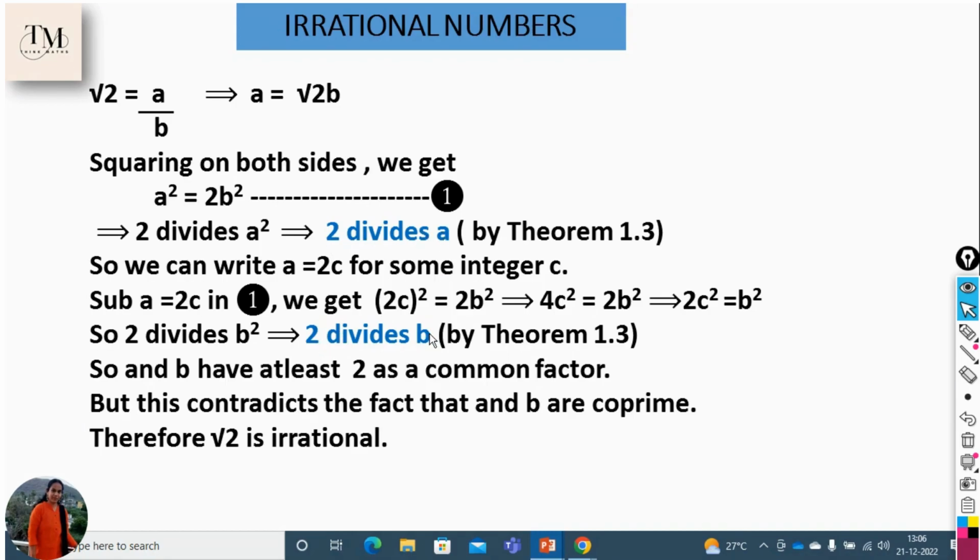But we got that a and b are co-prime, that is, their common factor is 1. So this contradiction came as we assumed that root 2 is rational. So our assumption is wrong. So we can say that root 2 is an irrational number. In the same way, we can prove it for root 3.